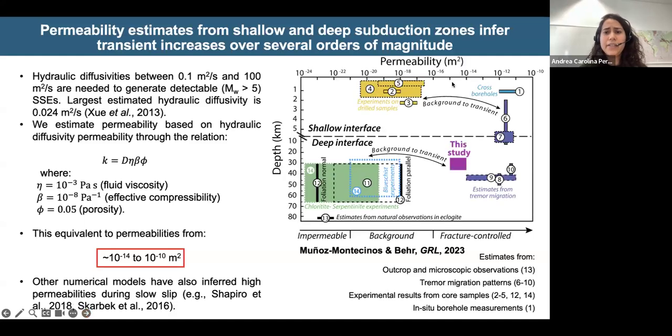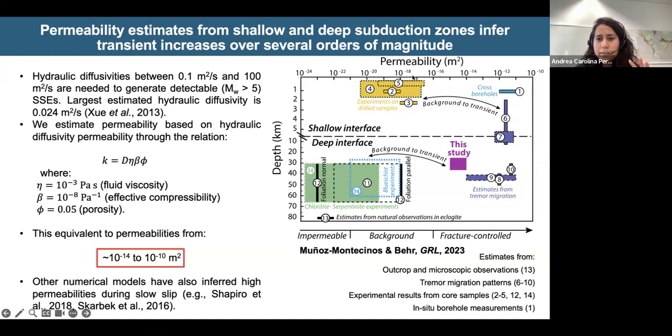And I found this very interesting plot in this paper by Munoz Montesino and Bear in GRL 2023. They show here different estimates from different observations of the permeability at the source depths of slow slip events.